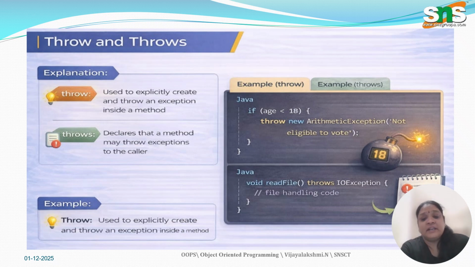So Java will read that with the help of throws exception, and it will handle the code. So this is what normally happens. Throw can only handle a single exception, whereas throws may throw exceptions to the caller.